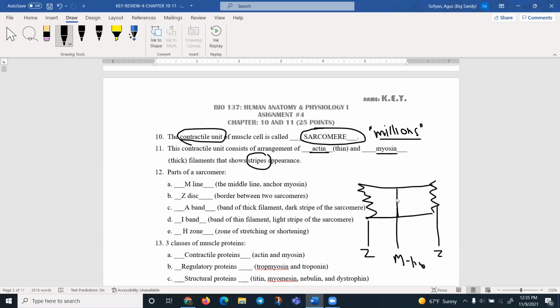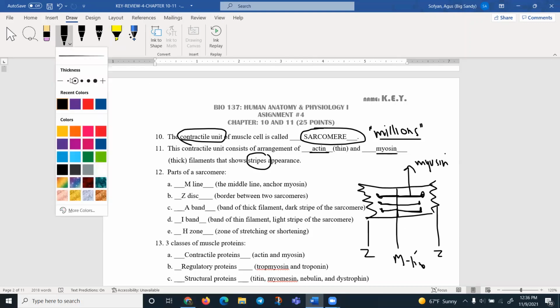And then from the M line there will be thick proteins. Okay, so a thicker protein. And this thicker protein will have a head at the end. So this thicker protein is called myosin. Okay, so this myosin anchors into the M line.